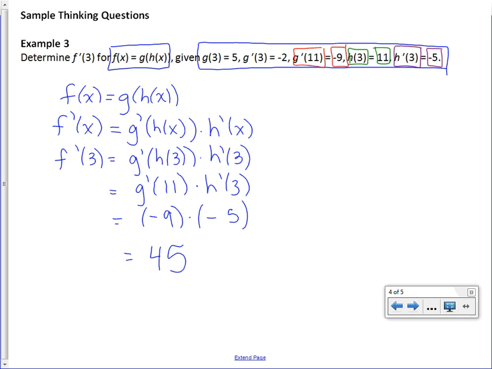There's no making up. If you got an 8, that means, uh-oh, I made a mistake somewhere. In the homework, there's a few of these for you to practice.